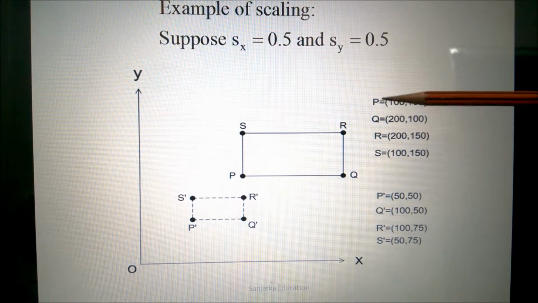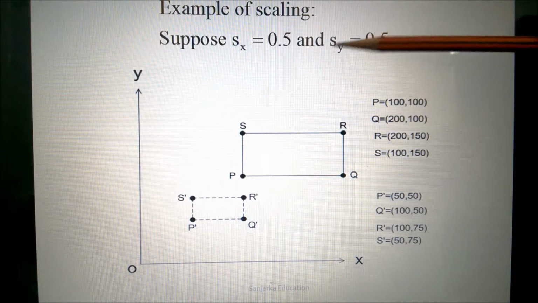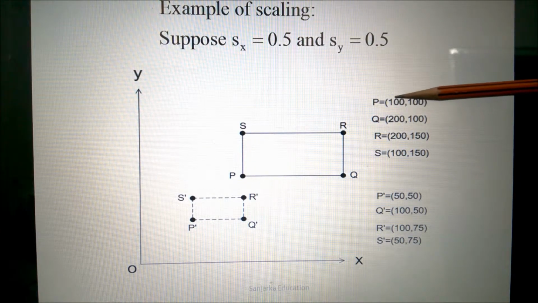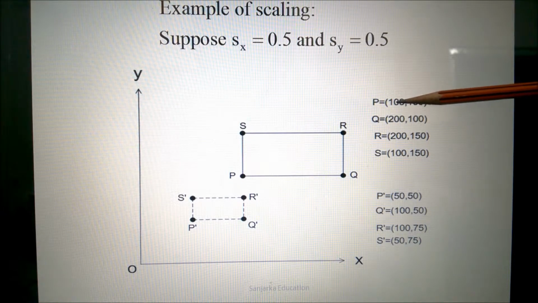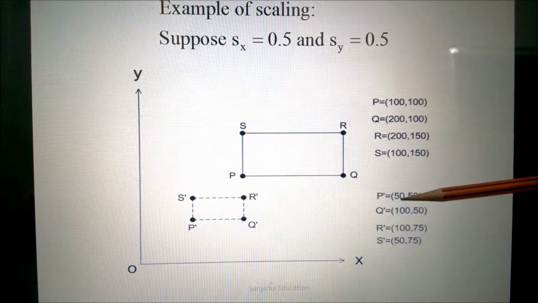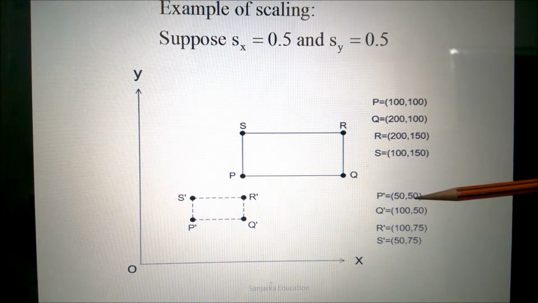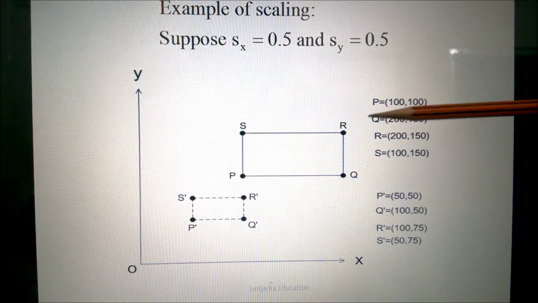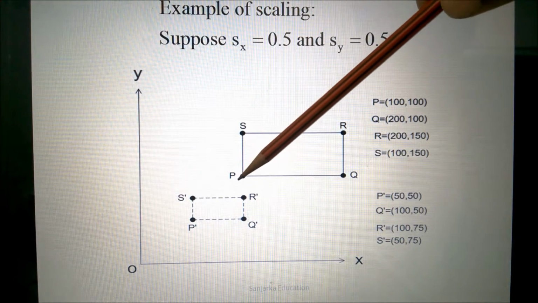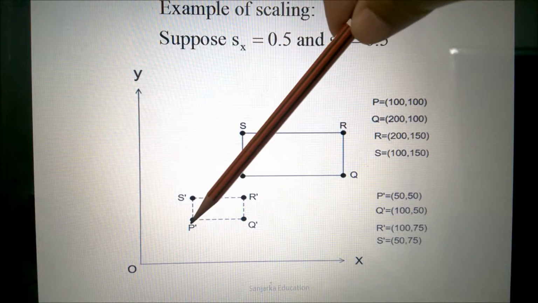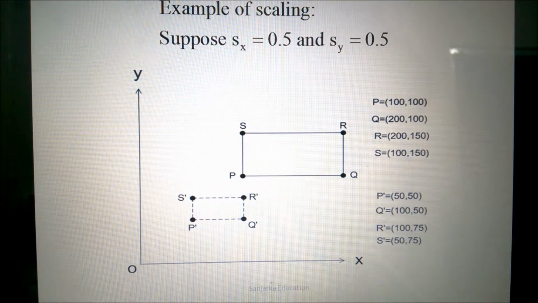These are the original coordinates. After the scaling operation is applied, the x coordinate of P will be multiplied by 0.5. It has become 50, and 100 has become 50 because we are multiplying by 0.5. Therefore this point, whose coordinate is 100, 100, has now become 50, 50.